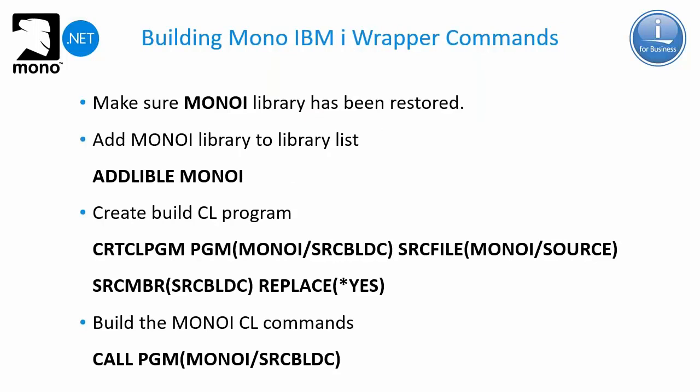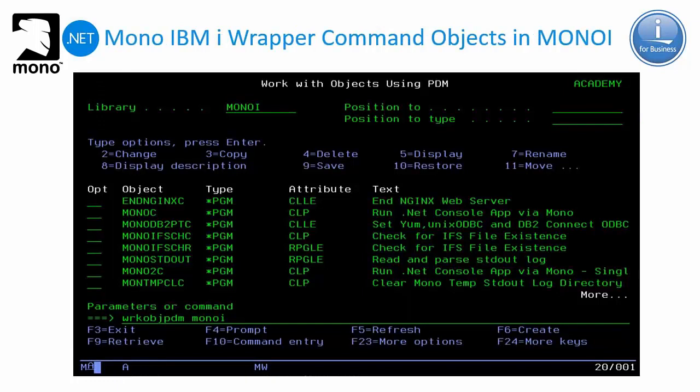There's a CL program that you can make, and then a build. It takes not even a minute usually on most systems. That'll build the mono CL command and really all the binaries that you need to front end on the mono side. And then it'll look like this. You'll have all your objects in the mono I library. I thought it was appropriate to suffix with I.